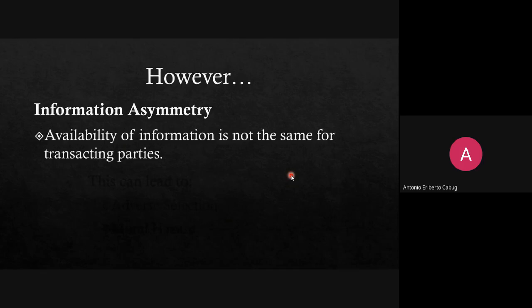Okay? However, there is a problem. Number one, there is information asymmetry. Availability of info is not the same for the transacting parties. So, between person A and person B, person B knows him or herself whether he or she is capable of managing the money.